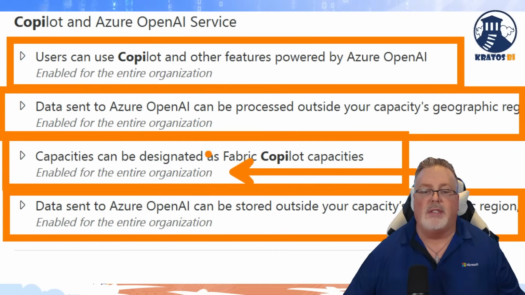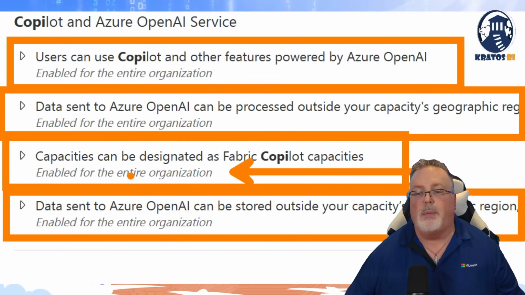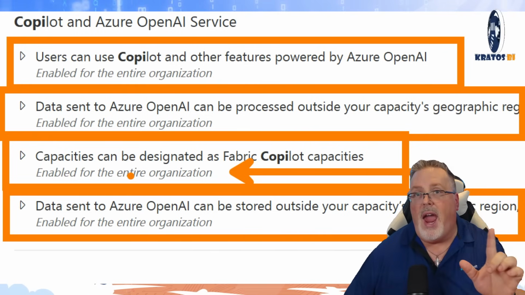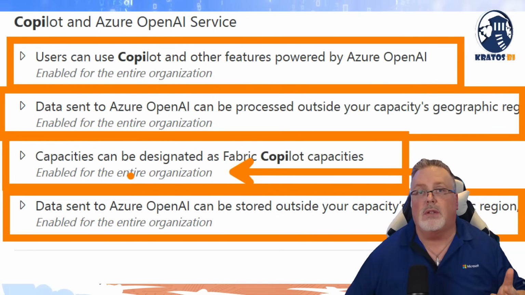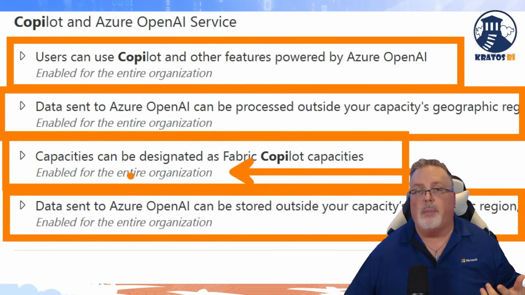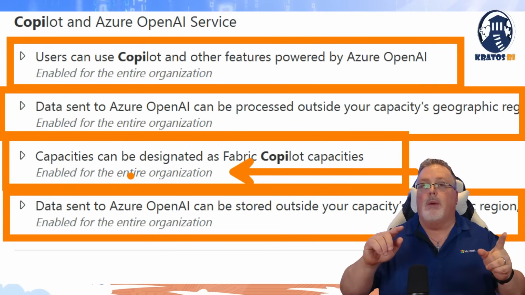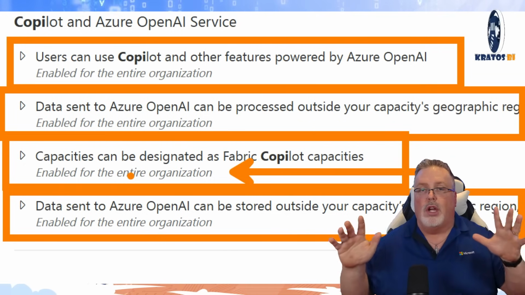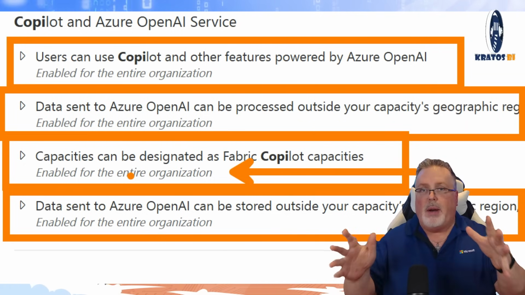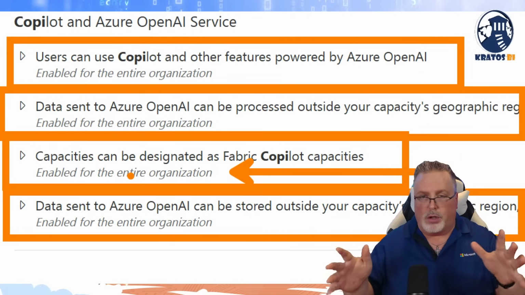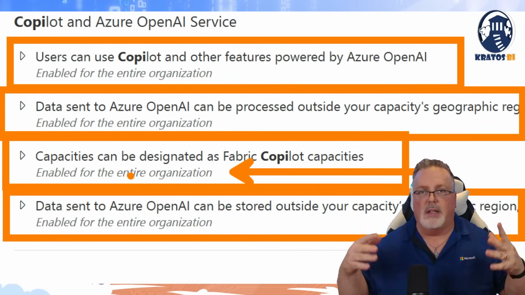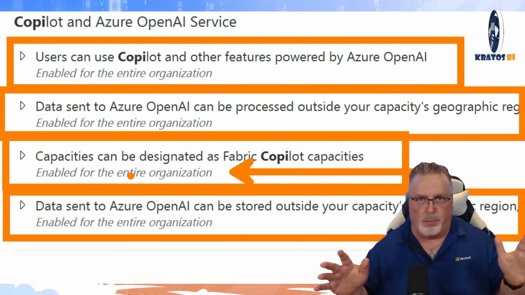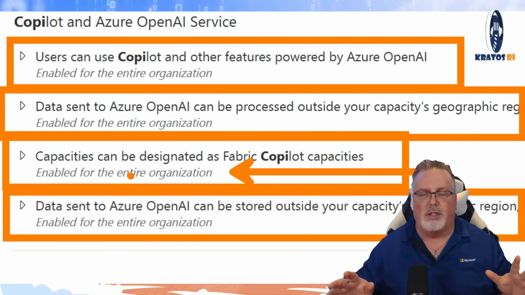Being able to designate a capacity as a Fabric Copilot capacity, and the ability to have even just an F2 as a Copilot capacity, means that you can point all of your users to a specific Fabric capacity for your Copilot usage. You don't have to worry about that capacity taking out your production workloads, your production reports and that stuff, okay?